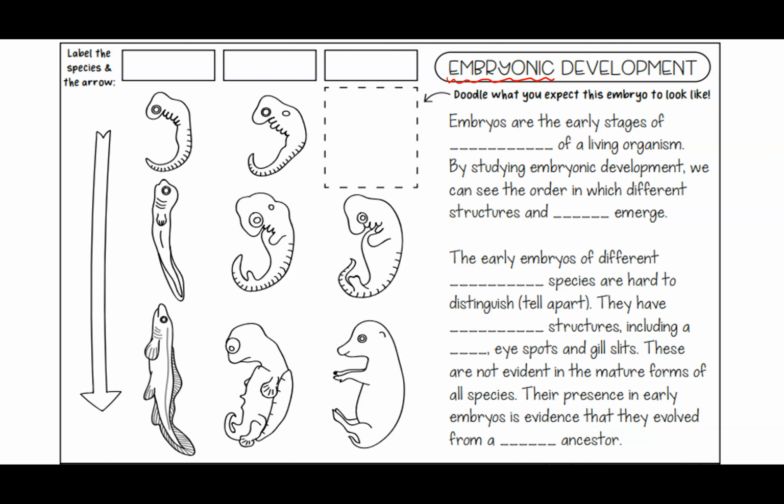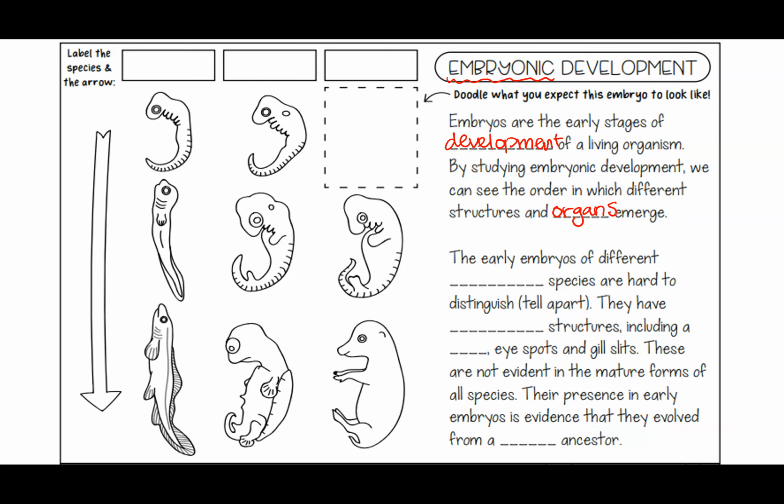We're going to start with the fill in the blanks, and then we'll come over and do some doodling. Embryos are the early stages of development of a living organism. By studying embryonic development, we can see the order in which different structures and organs emerge.